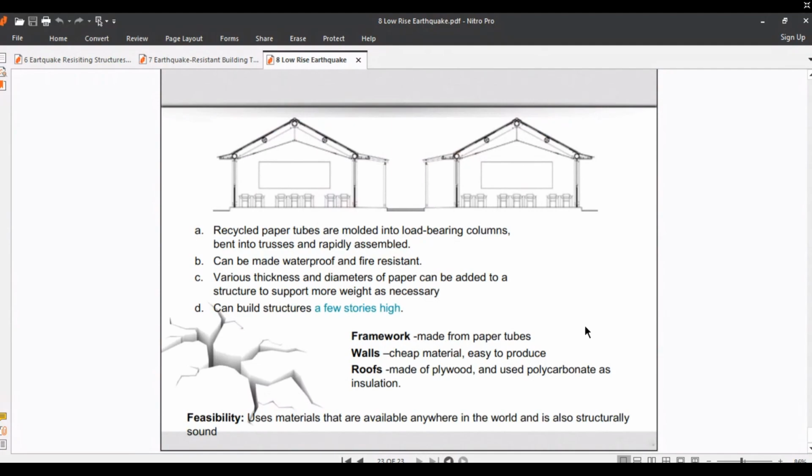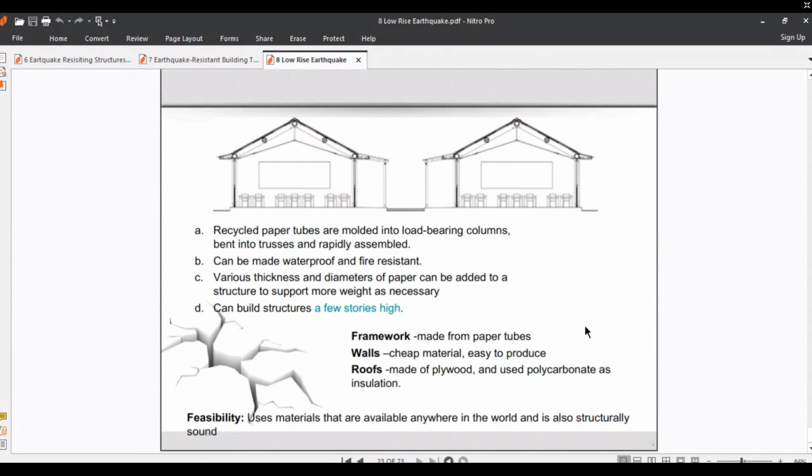This shows the title of this school. Recycled paper tubes are molded into load-bearing columns, bent into trusses, and rapidly assembled, and then can be made waterproof and fire resistant.